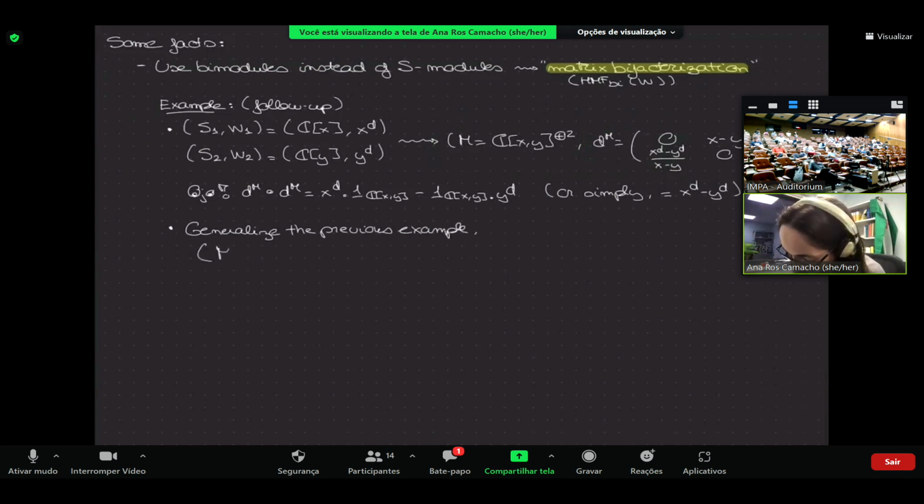I'm going to take M to be, again, two copies of this polynomial ring in two variables. And now, for my twisted differential, I am going to take the following product of linear factors of x to the d minus y to the d.